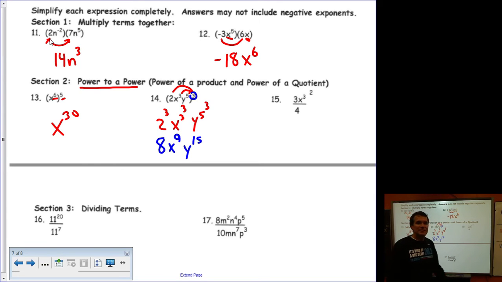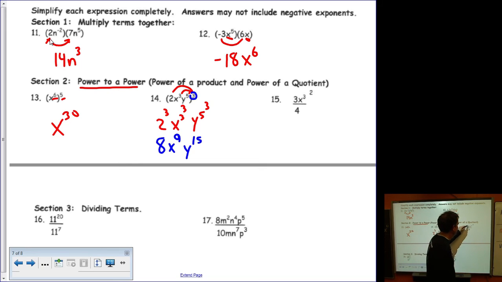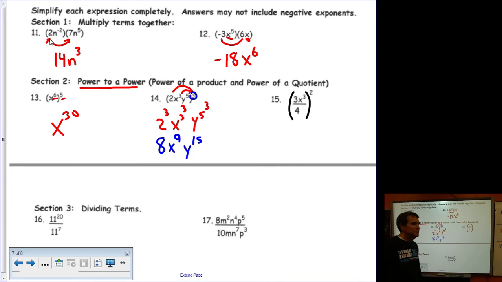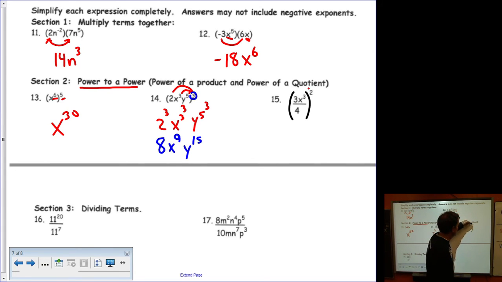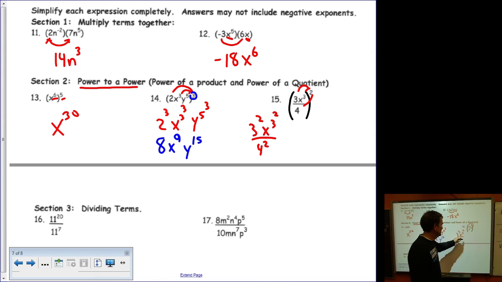Last step with number 15 here, I made a mistake on this problem. I forgot to put the parentheses in. It should have looked like this. If you corrected my mistake and put parentheses in, you would then apply this 2 to each thing in parentheses, giving you 3 to the 2nd, x to the 3rd to the 2nd, over 4 to the 2nd.